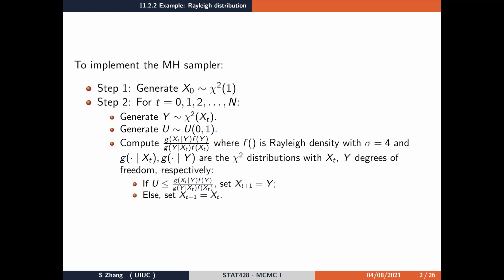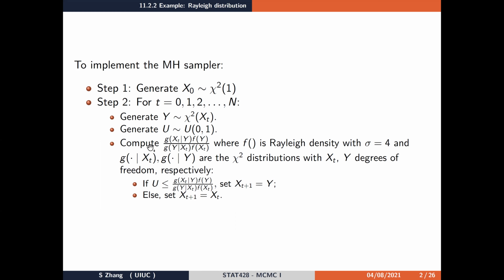For step 2, for each t from 0 to n, we will first generate a y from the chi-square distribution with xt degrees of freedom. In other words, the chi-square with xt degrees of freedom is our proposal distribution. Next, we will generate u from the standard uniform distribution between 0 and 1.